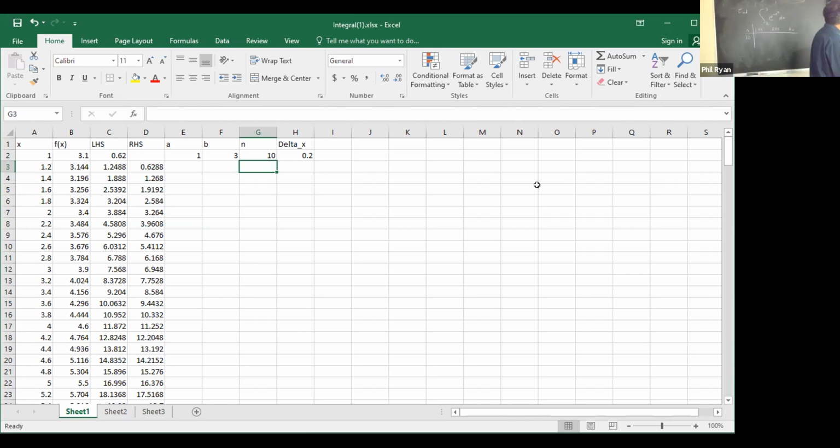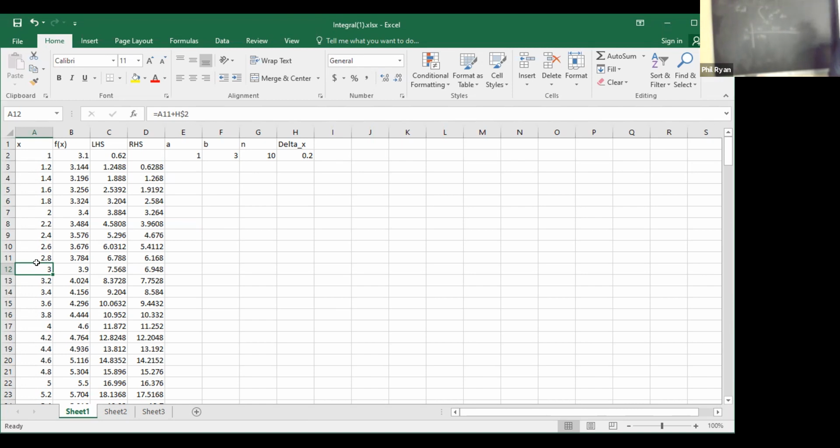Okay, so let's find 3. So 3 is here. The left-hand sum goes from 0 to 2.8. So it's going to be that number there, 6.788. The right-hand sum goes from 0.2 to 3.